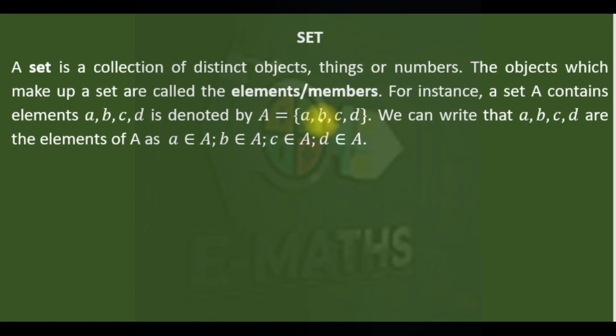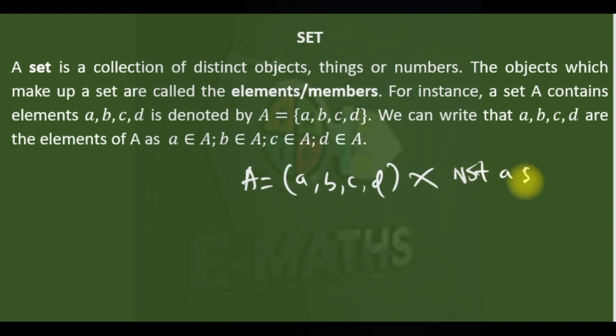Once you write the items inside, called the members, you enclose them in a curly bracket. So that's the bracket that we use in set. We don't use this type of bracket. So if someone writes A is equal to (a, b, c, d) in ordinary brackets, this is not a set.